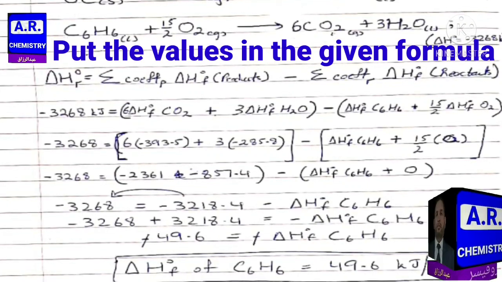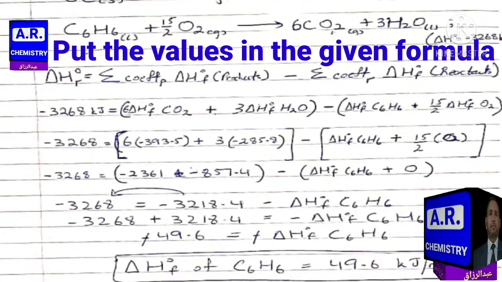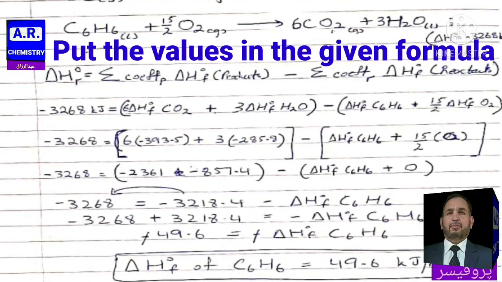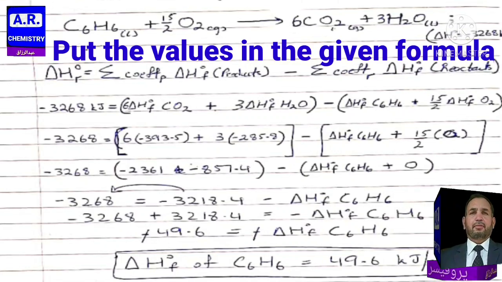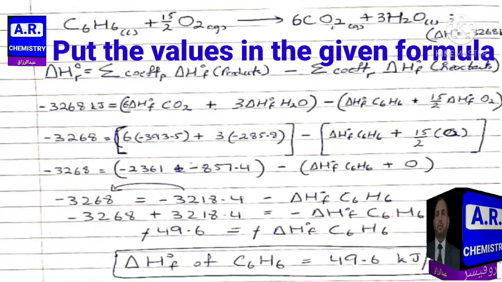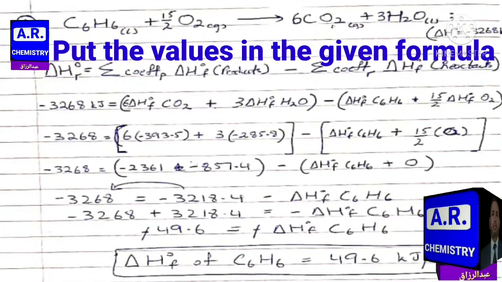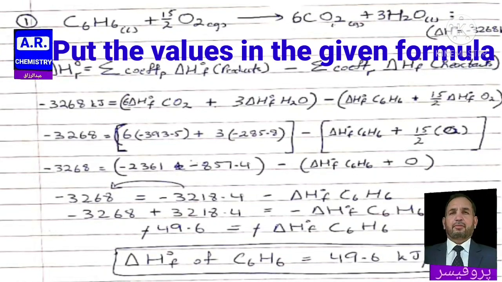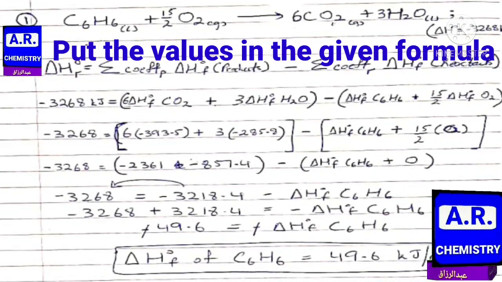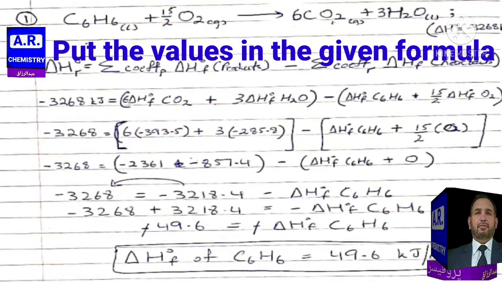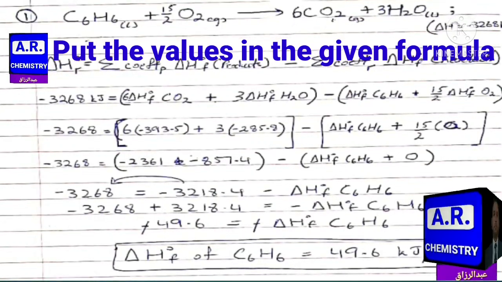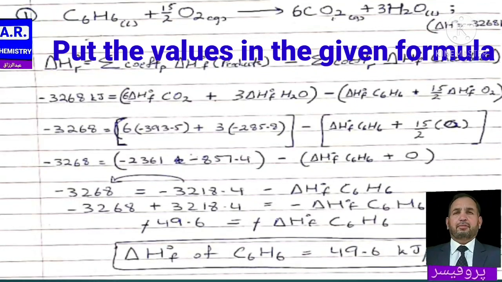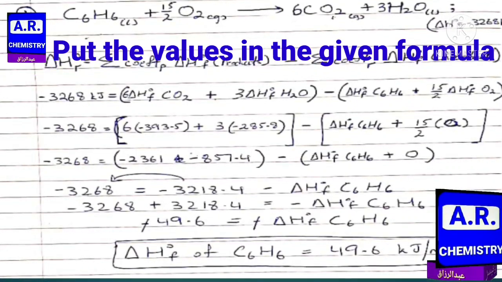Now put values. You have already put the value of enthalpy of reaction, minus 3268, equal to the coefficient 6 times minus 393.5, that is the enthalpy of formation of carbon dioxide, plus 3 into minus 285.8, that is the enthalpy of formation of water.